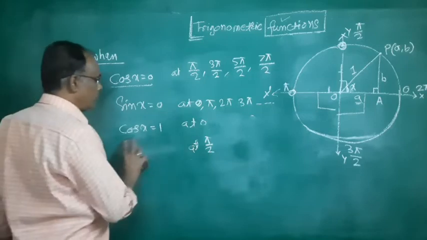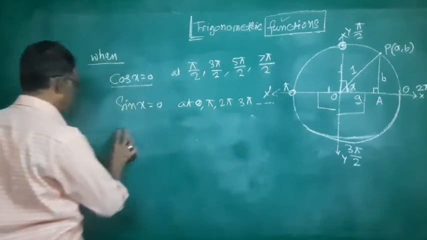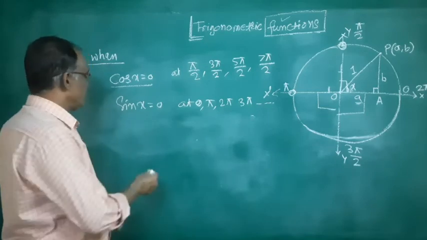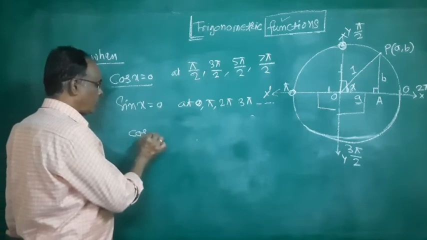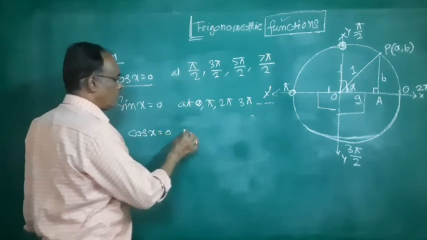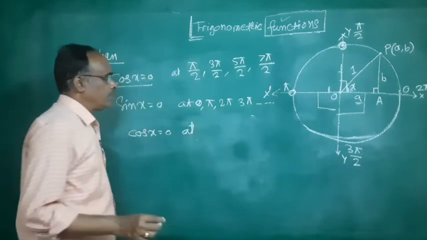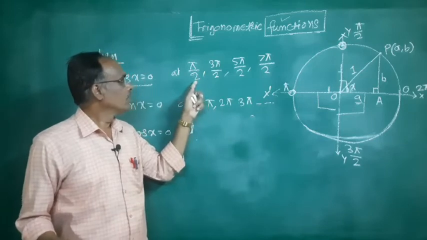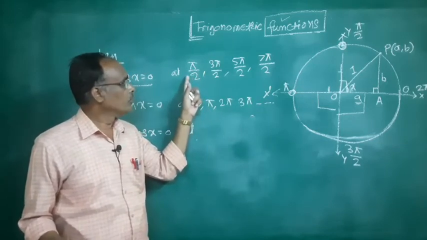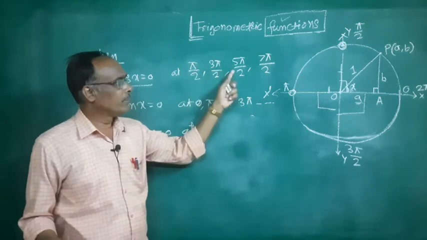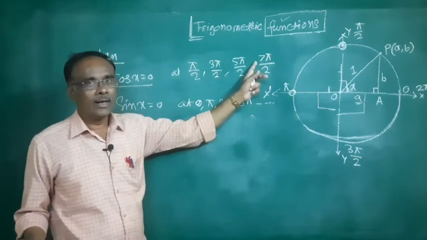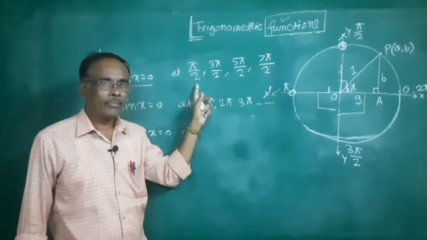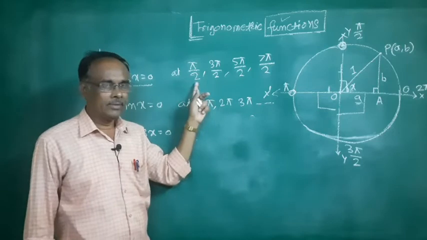Now we conclude our result in a formula. Cos x equals 0 at what is the formula form here? These values pi by 2, 3 pi by 2, 5 pi by 2, 7 pi by 2 are the odd multiples of pi by 2. You observe that?